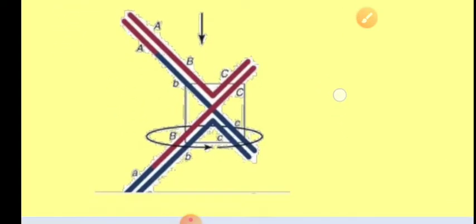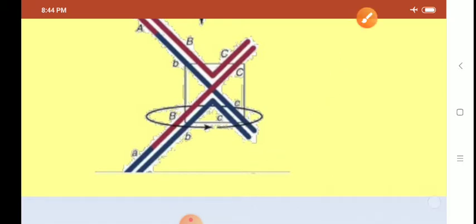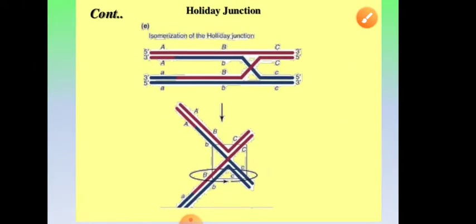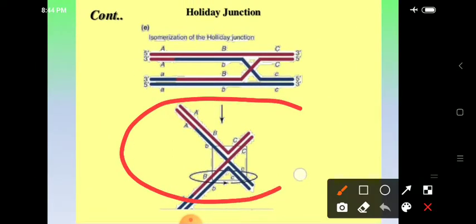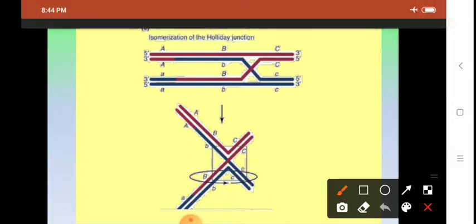The Chi or Holliday model isomerizes itself. You can see an X type of structure here, which is called the Holliday junction or Holliday intermediate, after the name of the scientist Holliday. The two homoduplexes are now combined in the form of an X.